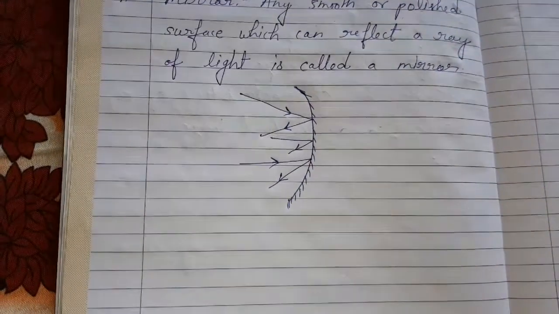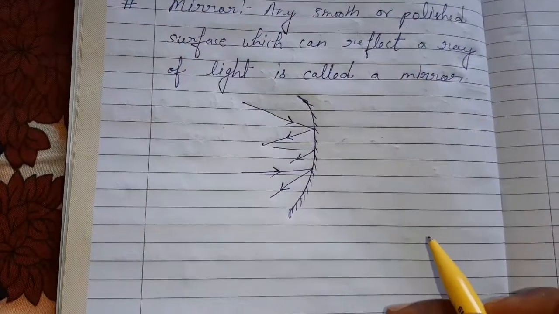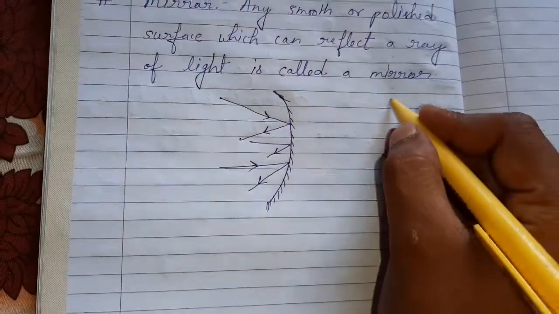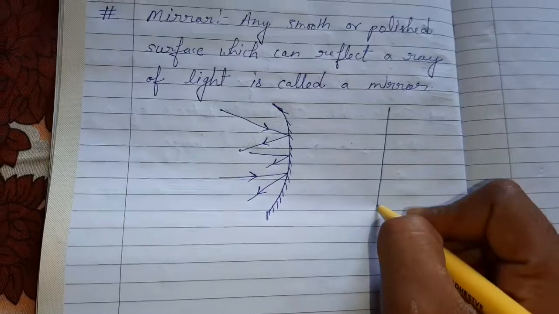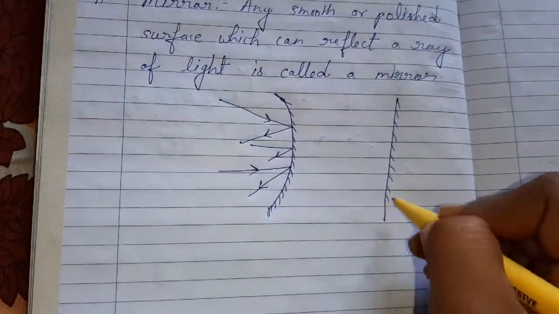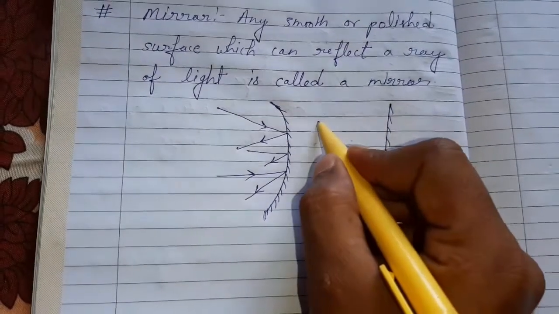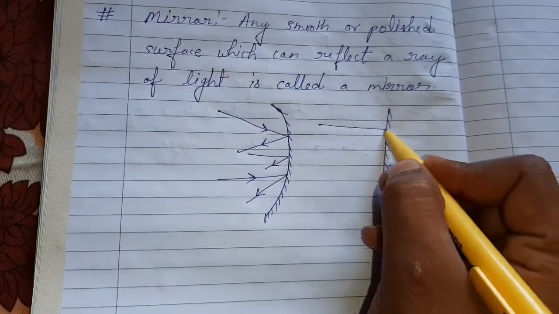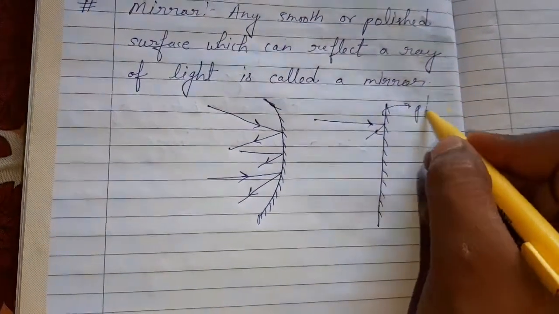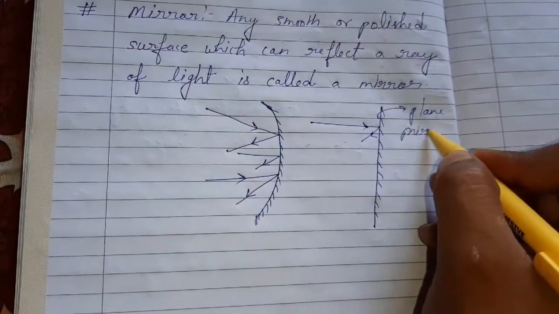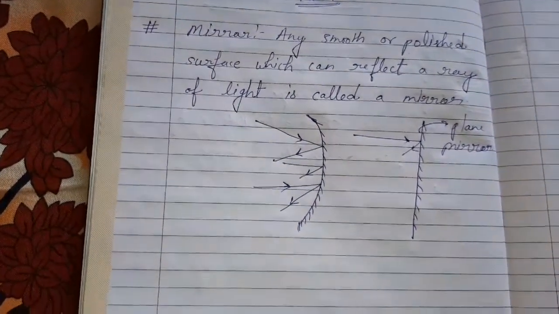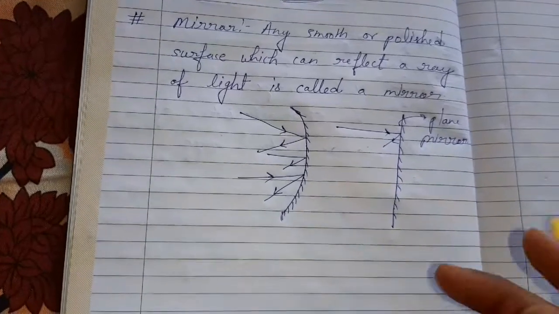When a reflecting surface is plane, the mirror is called a plane mirror.